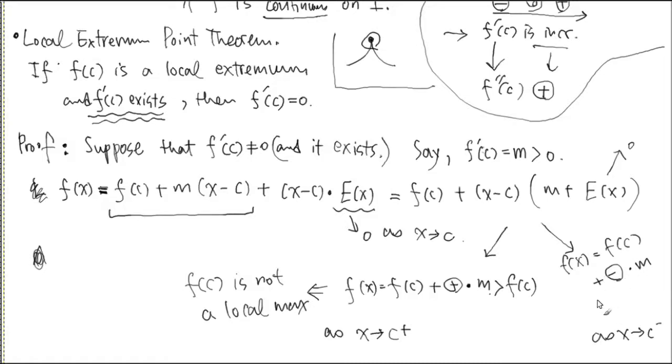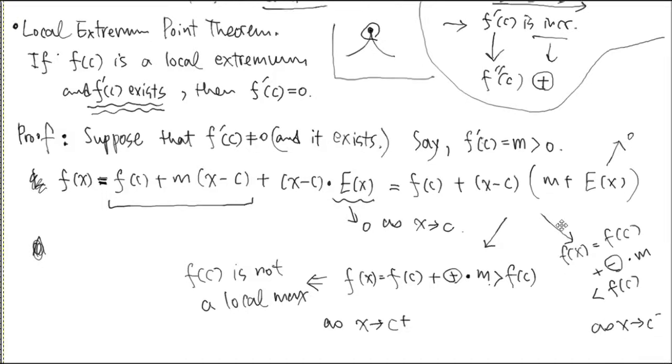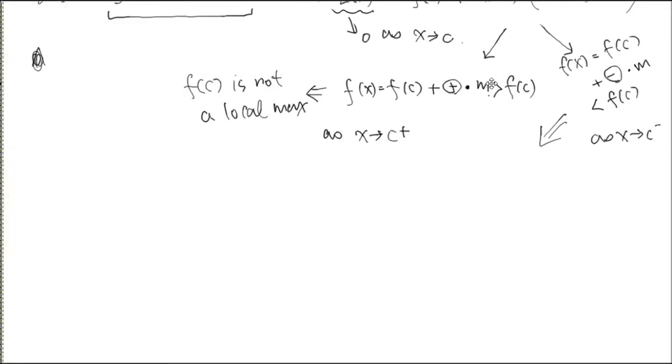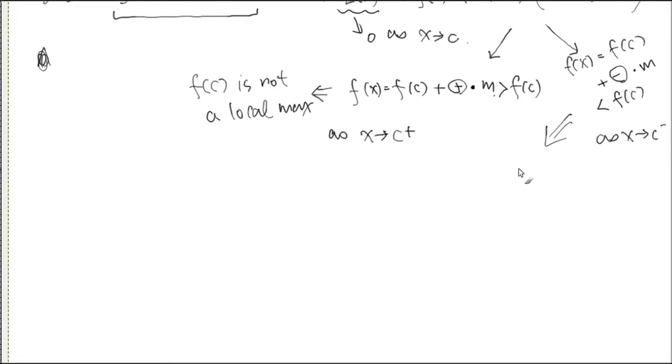If you look to the left, approaching c from the left, then the function value f of x is smaller than f of c. So from there, you can conclude what? f of c is not a local minimum, because right next to it, there's a smaller value.